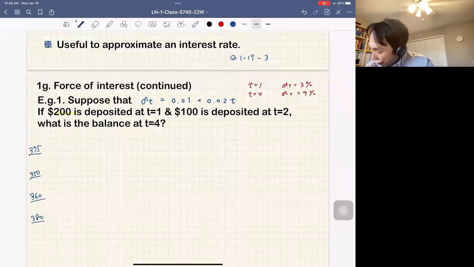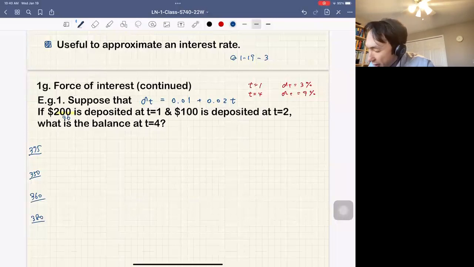Okay, so think about it. At t equal to 1, the 200 and 100 earn interest, so the balance is at least more than 300. The $200 earns 3 years of interest, the initial rate is 3% and the end rate is 9%, so approximately 6% on average, roughly speaking. 6% for 3 years is 18%, and 18% of $200 is 36.